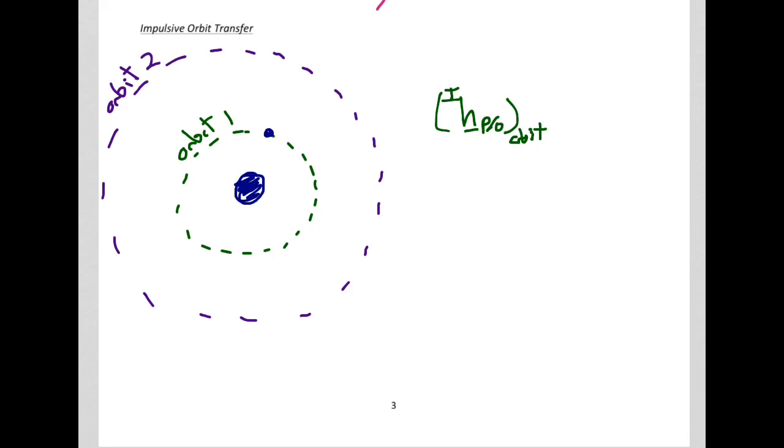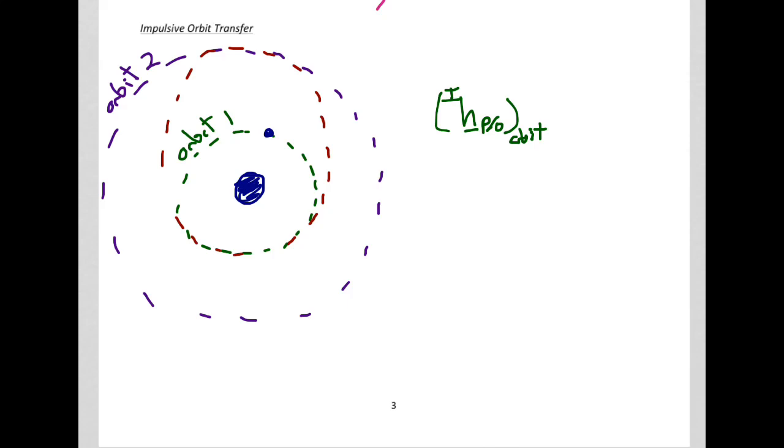We can't go directly from orbit 1 to orbit 2, but instead we need to put ourselves into another orbit, which we'll call a transfer orbit. This transfer orbit connects these 2 orbits together.